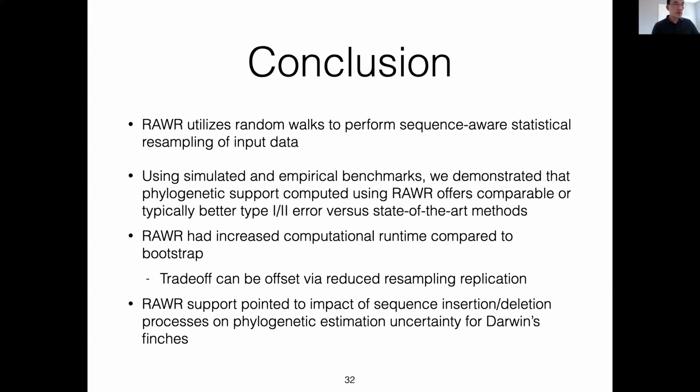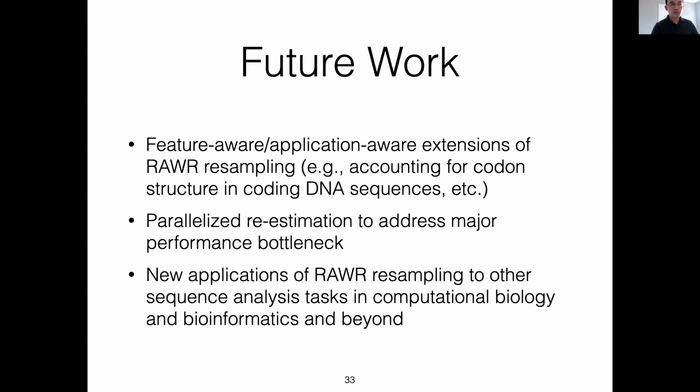There was a little bit of a trade-off in terms of runtime. There was increased runtime for RAWR analysis compared to the Bootstrap, but to some extent, this can be offset using reduced resampling replication. Finally, RAWR support pointed to the impact of sequence insertion and deletion processes on phylogenetic estimation uncertainty for a really charismatic clade of species, that of Darwin's finches.